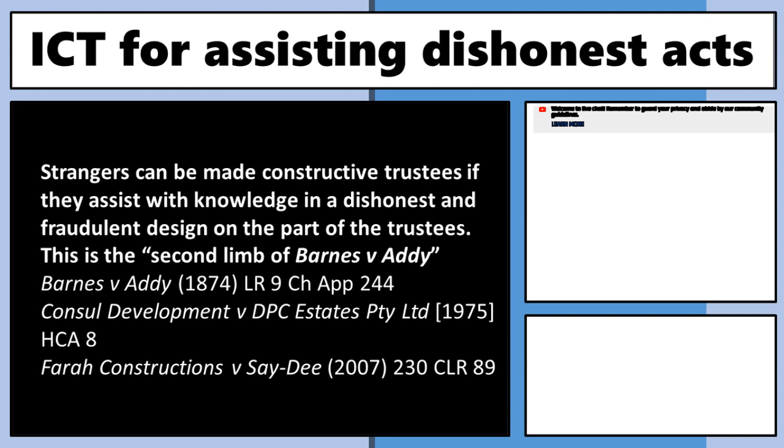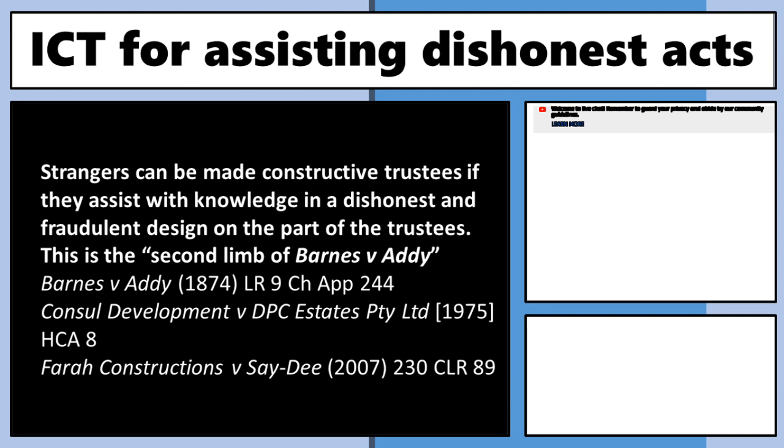As conventionally understood in Australia, the second limb of Barnes and Addy makes a defendant liable if that defendant assists a trustee or a fiduciary with knowledge of a dishonest and fraudulent design on the part of that trustee or fiduciary.